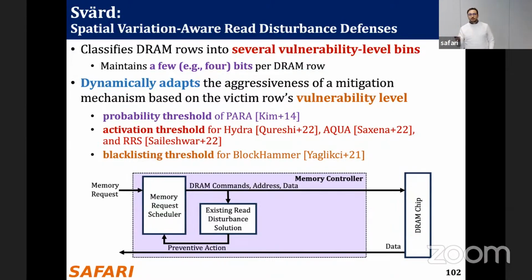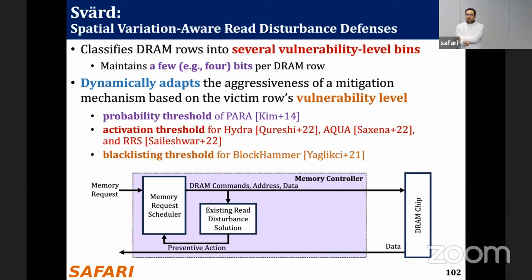Or in PARA's case, or in HiRA's case, it injects some refresh operations in the memory request scheduler. So those will be performed sometime soon. And in RRS's or Aqua's case, for example, it creates some other routines over there that move contents of data from one place to another place. But we don't have to actually get into those mechanisms because those are prior work anyway.